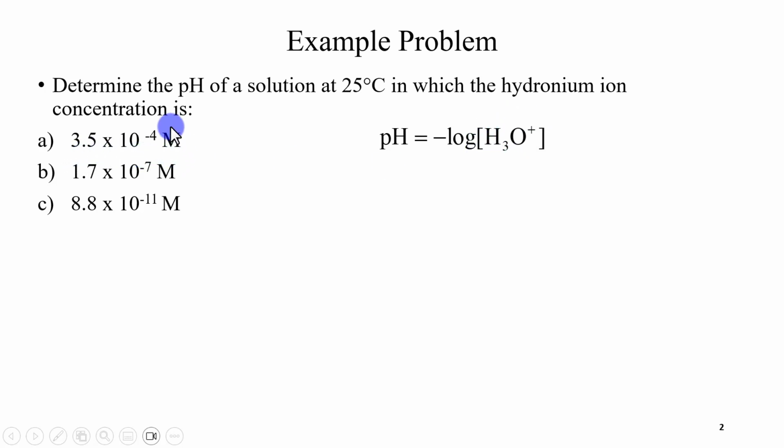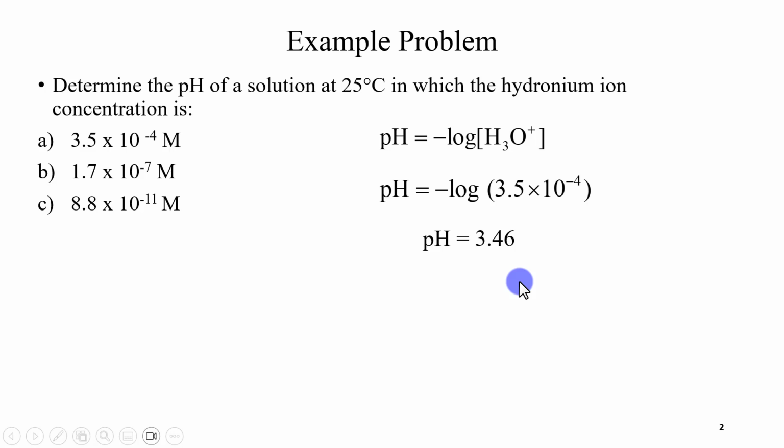Now I have the concentration in molarity, which is the correct unit for the pH. So all I have to do is write minus log of this number, 3.5 times 10 to the minus 4. And when I do that in my calculator, I should get 3.46.